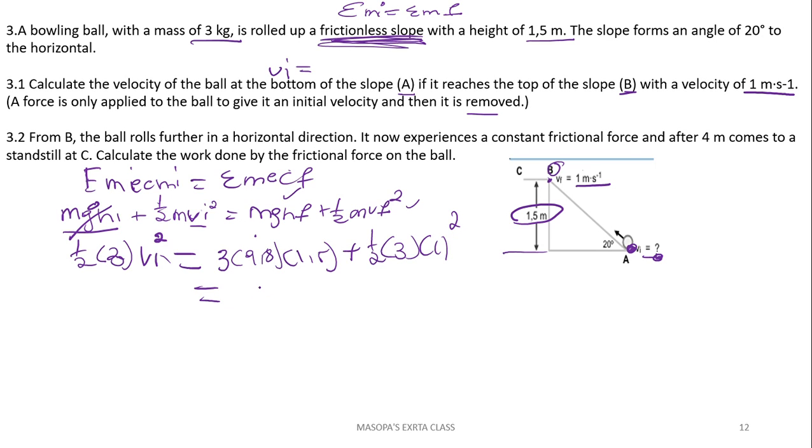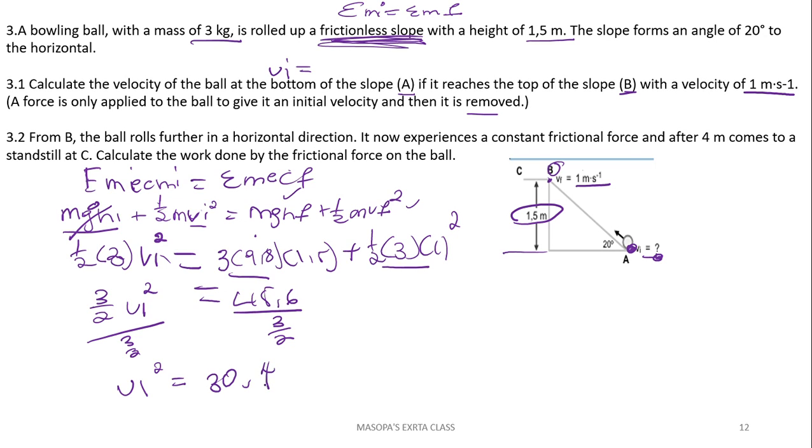Half of 3, let's make it 3 over 2 Vi squared. And then on this side, when you add this together, you will get 45,6. And then obviously you're going to divide it by 3 over 2. Then your Vi squared will be equal to 30,4.